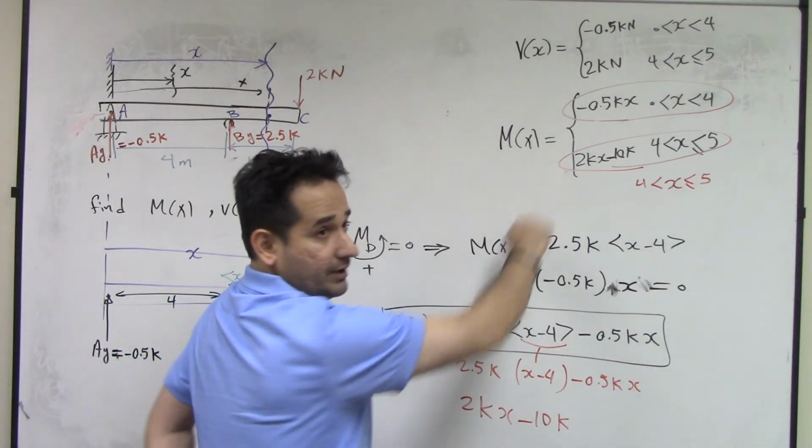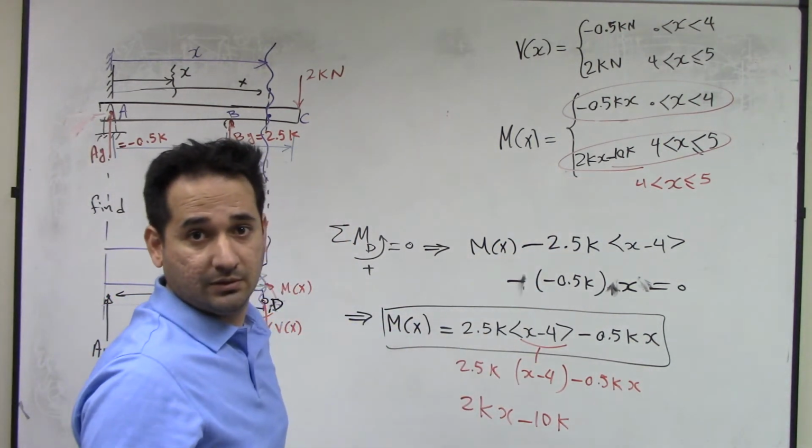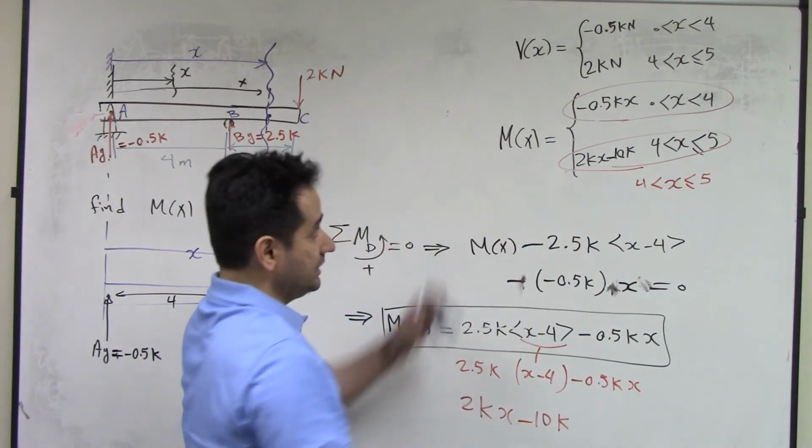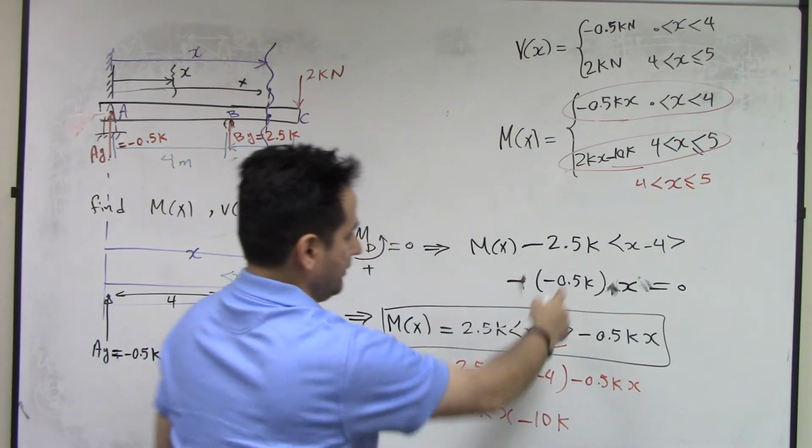That's exactly what we had before. You see? But for this we had one whiteboard, here we have one line.